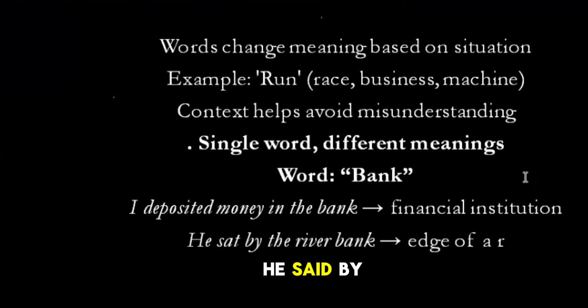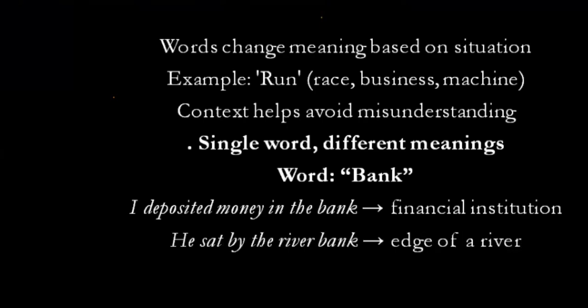He sat by the river bank. So again, it is the edge of a river. He sat there. So the same words can have different meanings. But how should we know which meaning is correct? That would be easily understood by the context where we are using it. Clear?